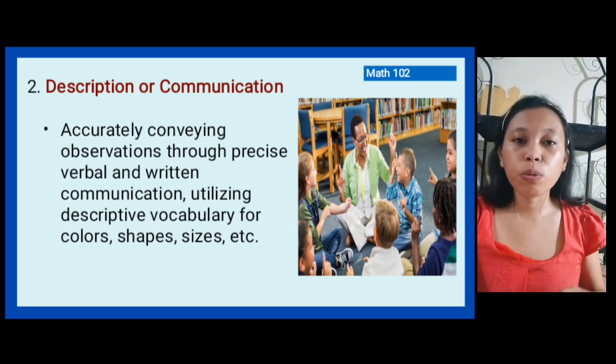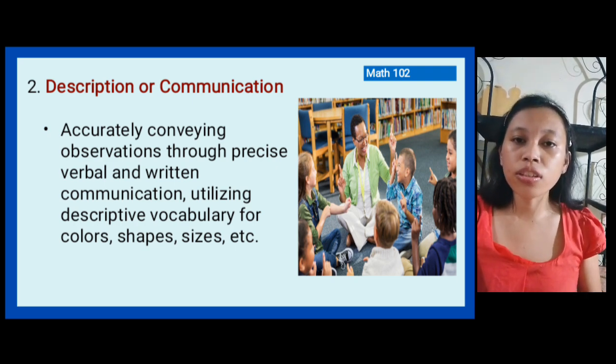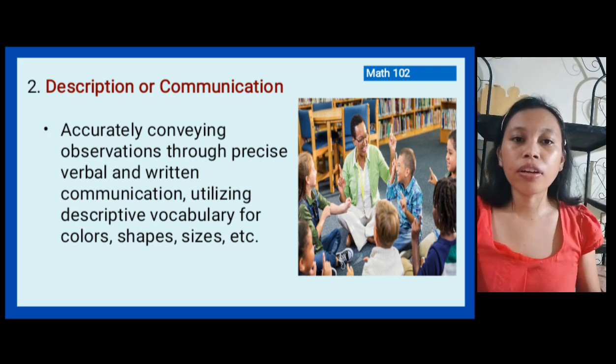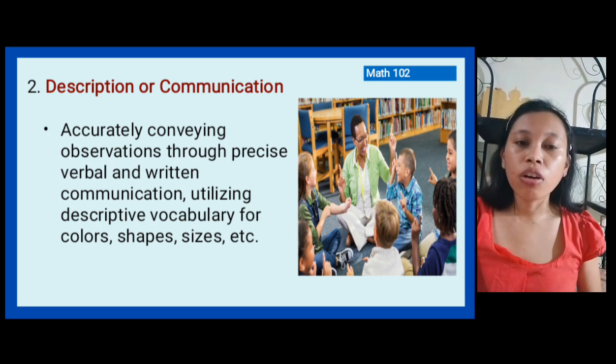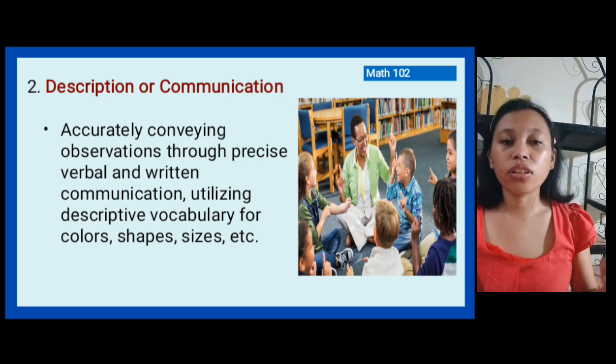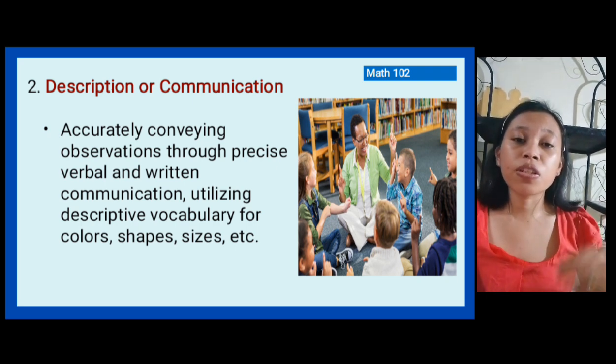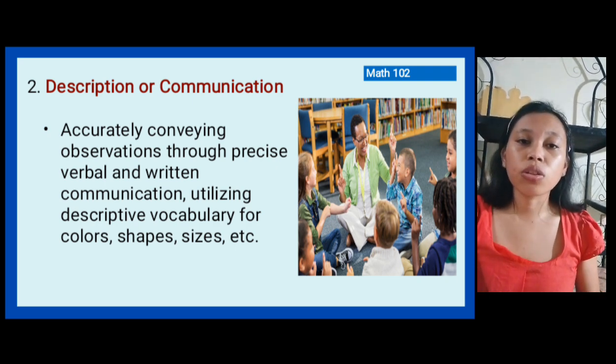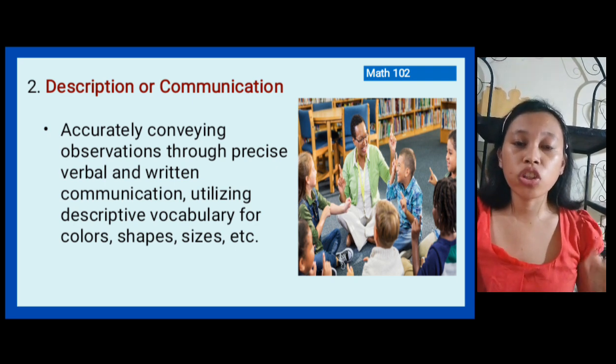Next is the description or communication, accurately conveying observations through precise verbal and written communication, utilizing descriptive vocabulary for colors, shapes, sizes, etc. Once observations are made, it's crucial to communicate your observation clearly and accurately.